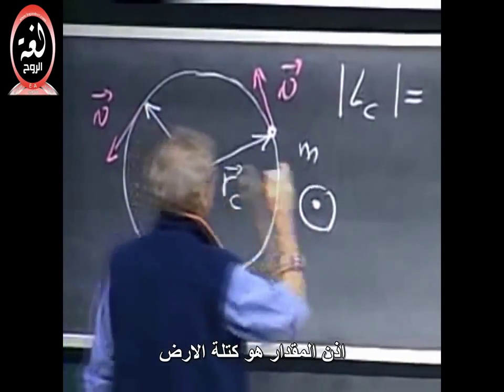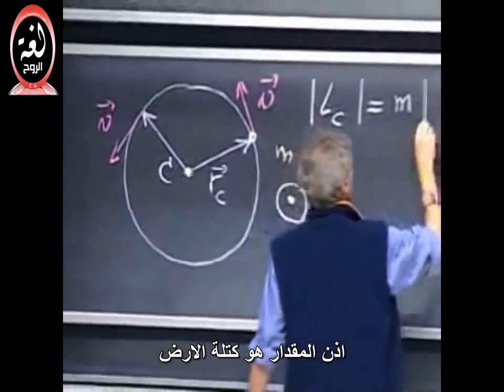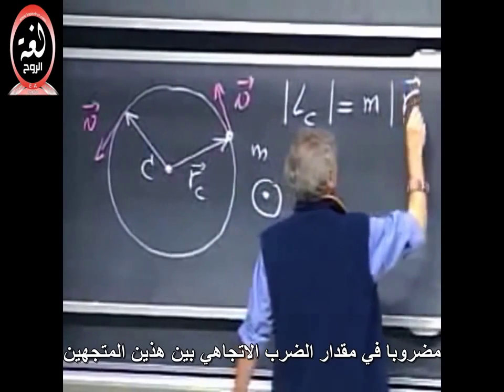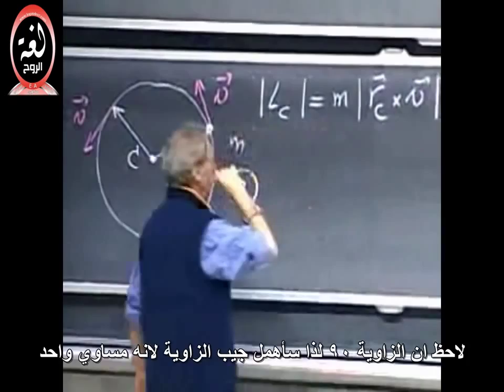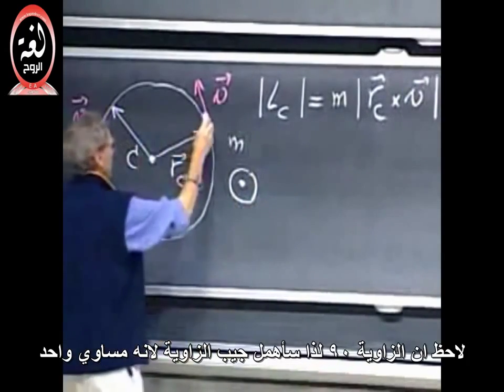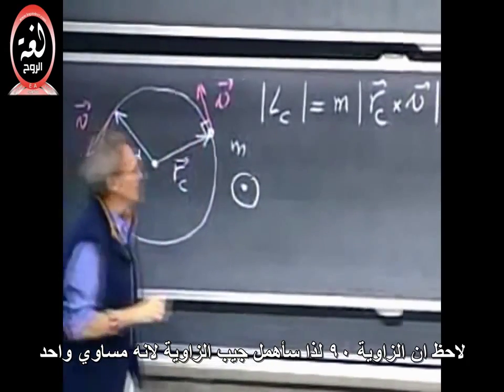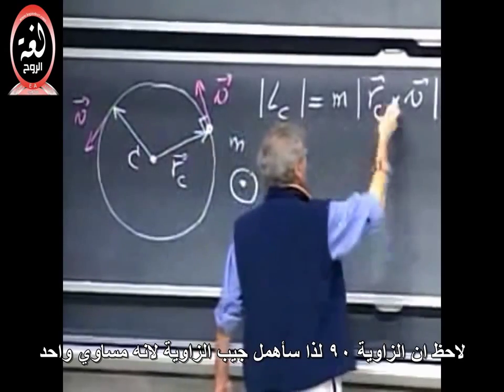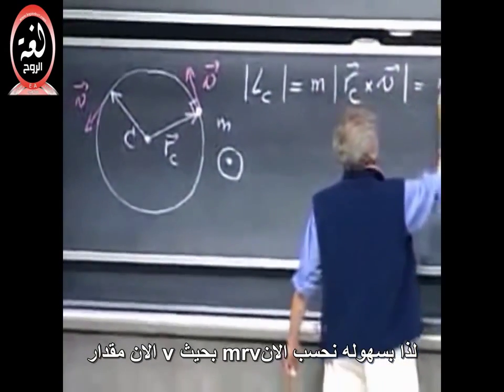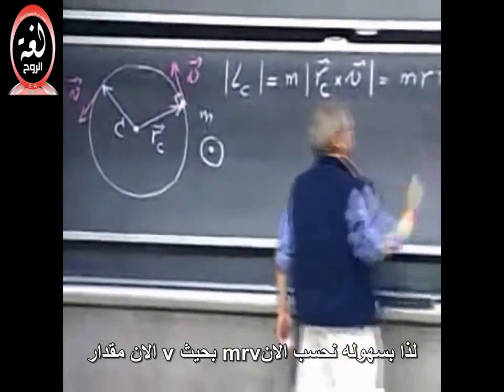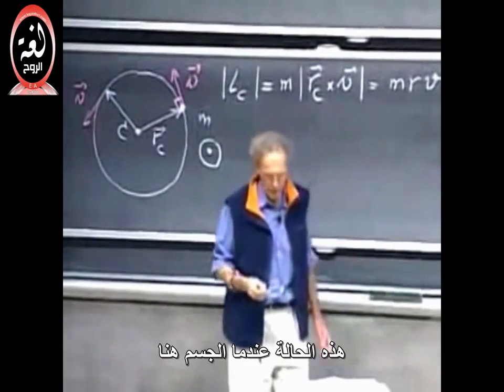So I'm only worried now about the magnitude. So the magnitude is the mass of the Earth times the magnitude of the cross product between these two vectors. And notice the angle is 90 degrees. So I can forget about the cross. The sine of theta is 1, and so I simply get mRv, v now being the speed.